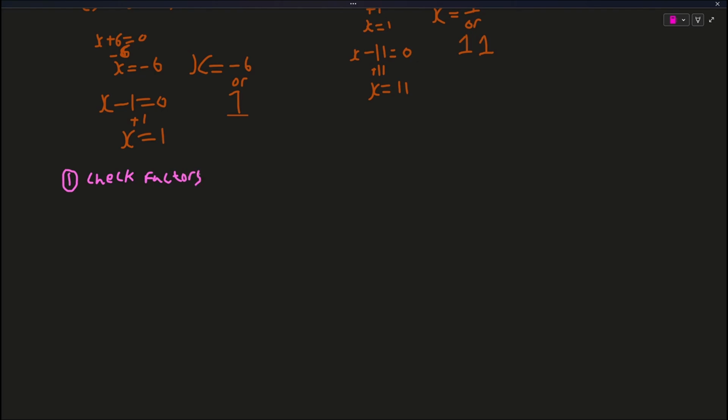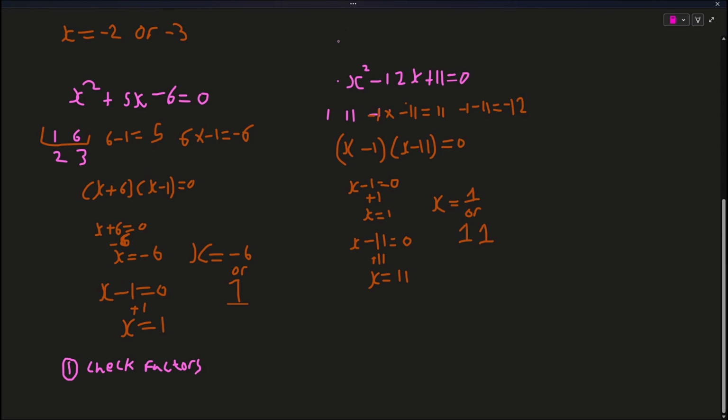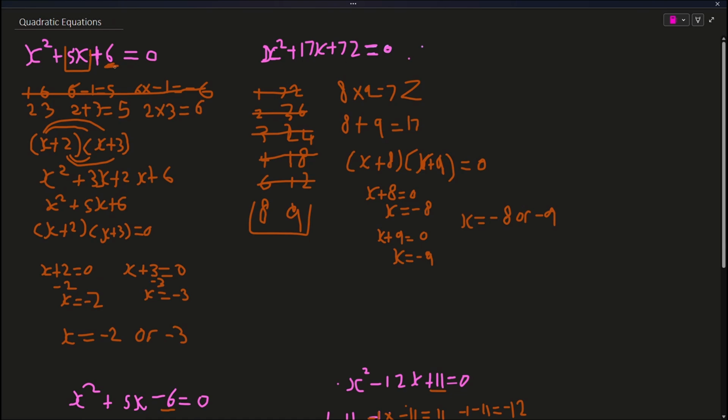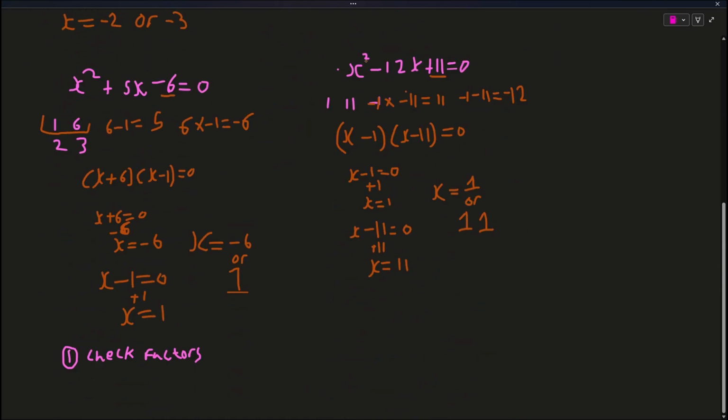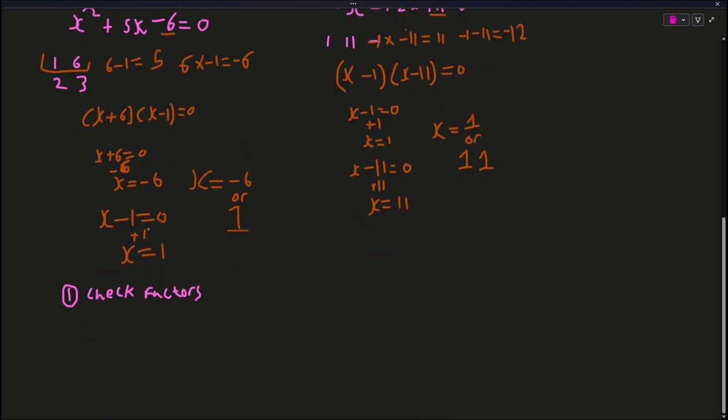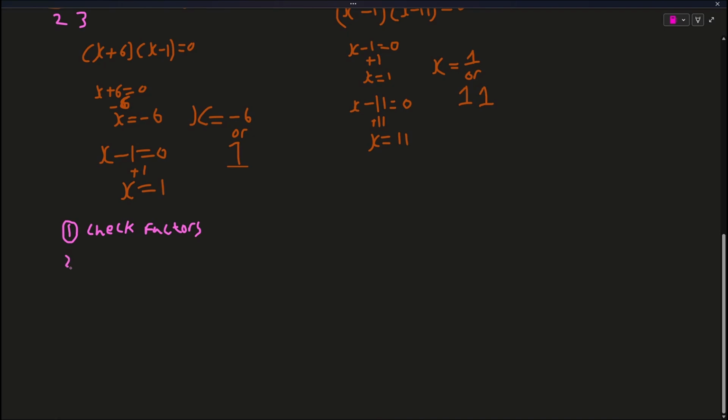Anywhere the number is on its own, there's no x term, you want to check what numbers multiply to this. Then, once you've found those factors, find what adds and subtracts.